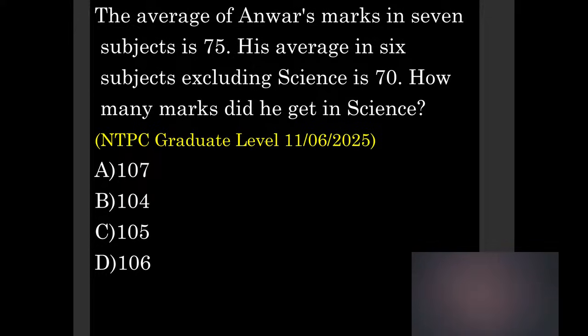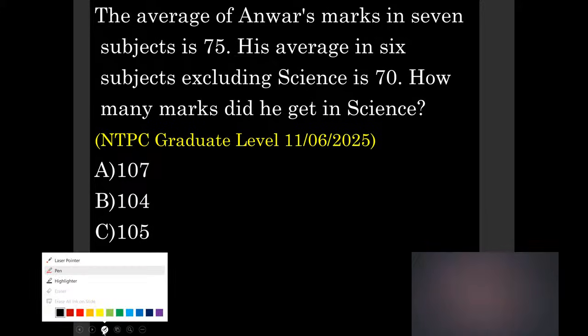His average in 6 subjects, excluding science, is 70. Now, our question is how many marks did he get in science? From this, we know that average equals sum by total. Based on that, we can solve this question.